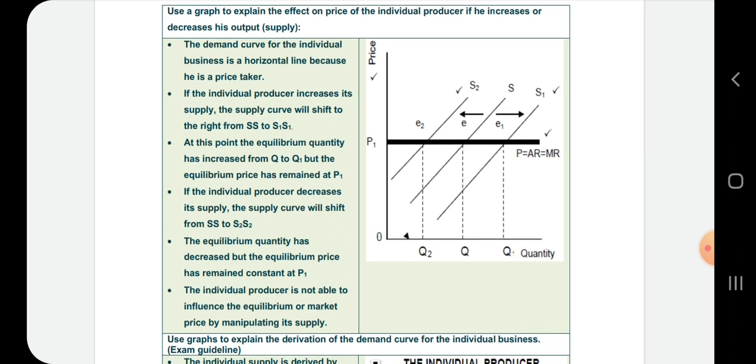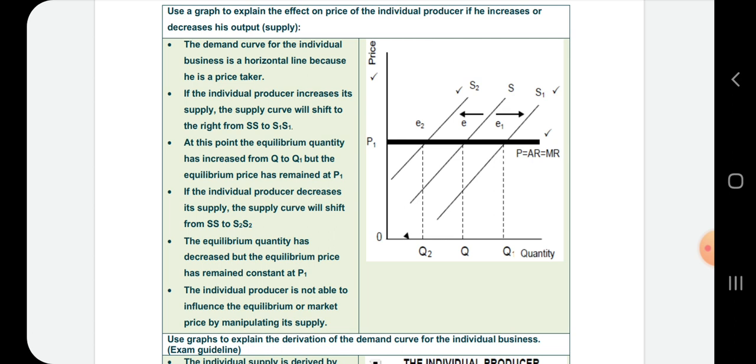So it shifts towards the right to S1 if the producer increases its supply. And the quantity moves from Q to Q1. At this point, the equilibrium quantity has increased from Q to Q1, but the equilibrium price remains at P1. So whether you decrease or increase supply in the perfect market, the price remains the same.